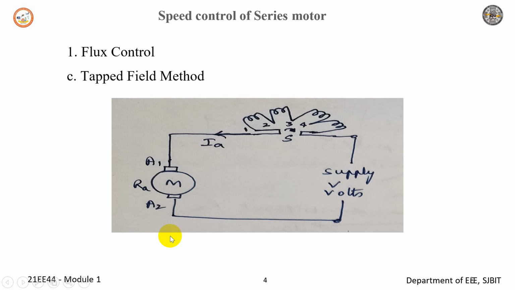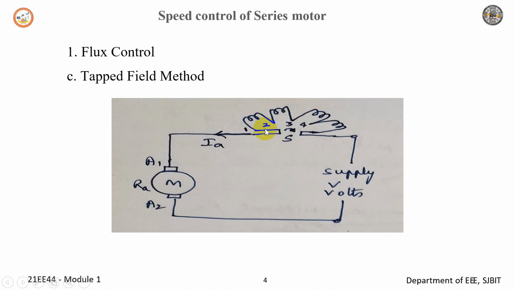Next, the third flux control method is the tapped field method. In this method, the field ampere turns are adjusted in steps. If you look at it, we have 1 step, 2 step, 3 step, 4 step and 5 steps. The number of turns has been divided into 5 steps, as shown in the figure. The selector switch S is provided to select the number of turns as per the requirement.